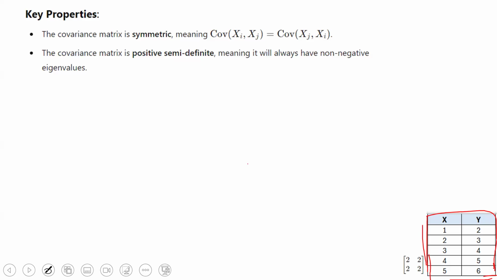Five points. So when you have 2 dimensions, x comma y, what does the covariance matrix look like?